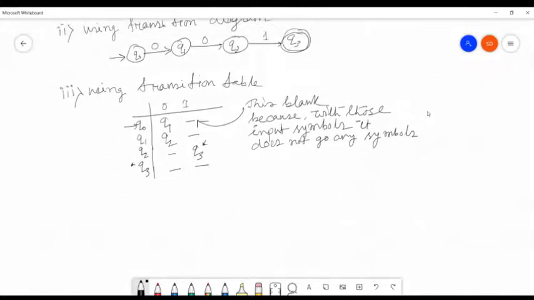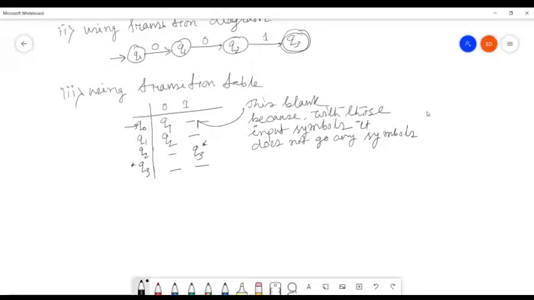In the transition table, we use the same thing: the 0 and 1 input symbols, and the first column represents the states. We start with Q0, then taking 0 it goes to Q1. For symbol 1 it goes nowhere, so we use a blank.